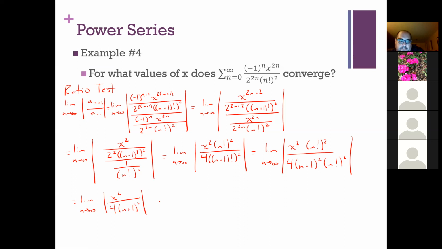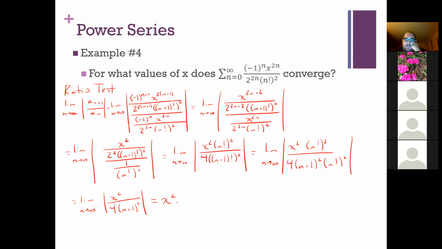All right, can I evaluate this limit now? Or would it look a little easier if I pulled out that x squared?